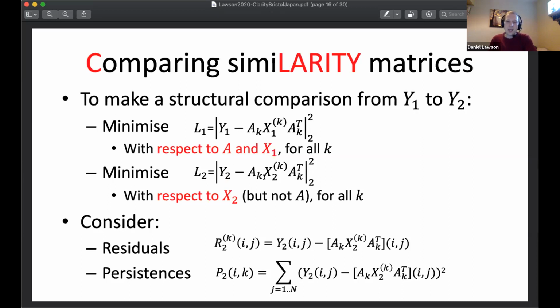Here we learn a totally new X, but keep the same A. So we're really asking, how does the structure from 1 explain the data from 2?